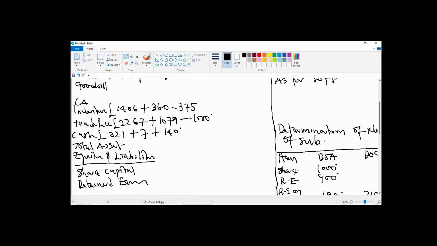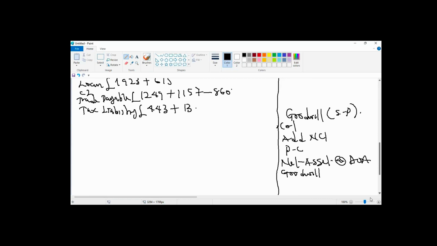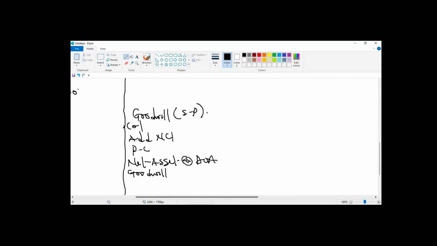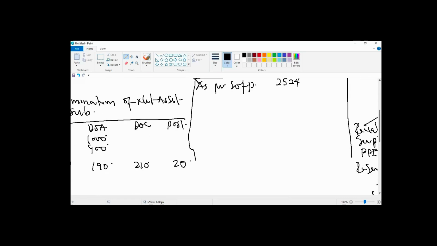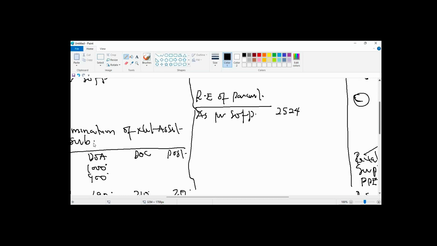I'll go to the account of the parent, who sold and made profit from the subsidiary. I will debit his account. Don't forget, if I'm debiting retained earnings, I'm subtracting from it.